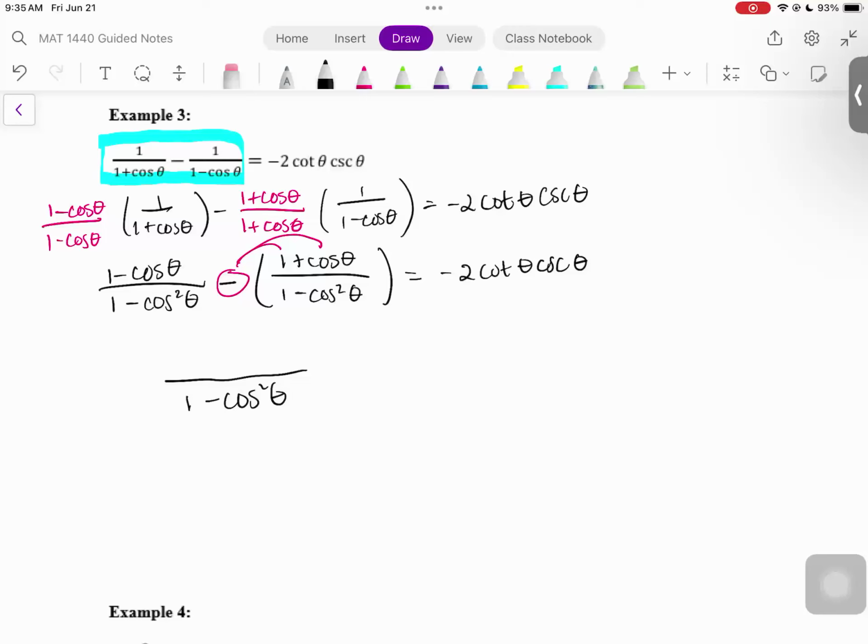And then we have negative cosine theta minus another cosine theta, which is -2 cosine theta. And this is equal to -2 cotangent theta times cosecant theta. Already I can tell that I'm getting closer because I've got that -2 factor.